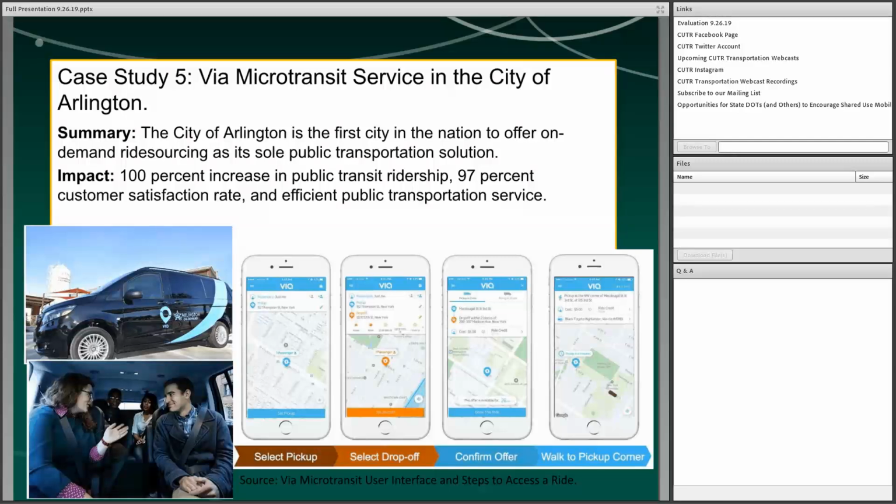As for Arlington, Texas, in 2017, City of Arlington partnered with Via Transportation to provide a microtransit service trips to its central business district. And Via Microtransit service entirely replaced a previous fixed route bus line in Arlington, Texas, to provide just on-demand trips in premium vans, which are Mercedes Metris vans that are shown in the slide here towards the left.